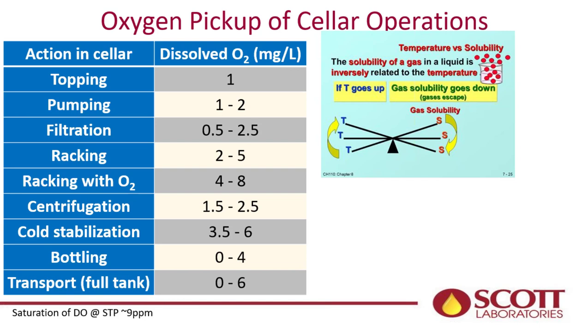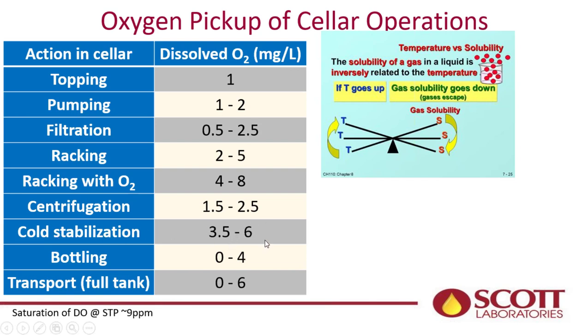So your different cellar operations that you can do, you can see a table there on the left that shows the range that you can get. So if you consider saturation is 9 parts per million, give or take, it doesn't take too many of these movements to be at full saturation and continual saturation. You'll notice cold stabilization is one of the highest.